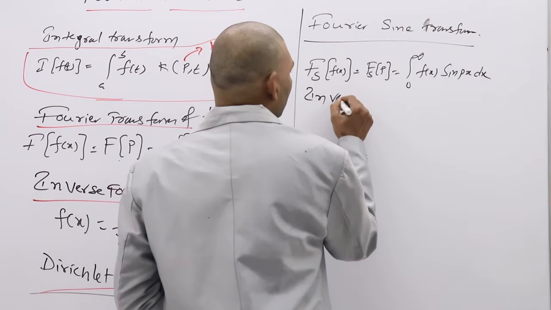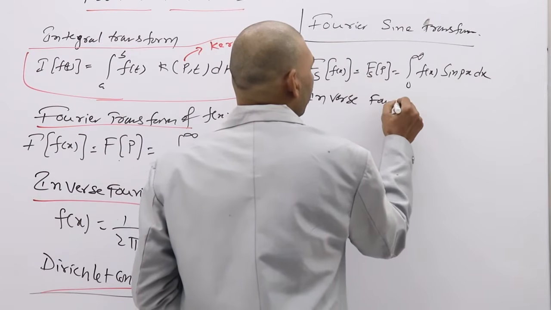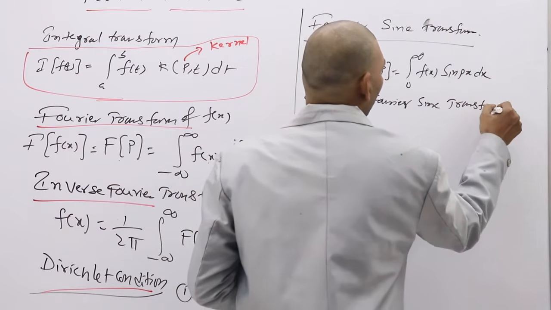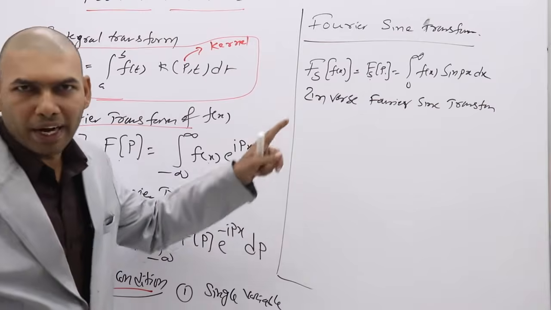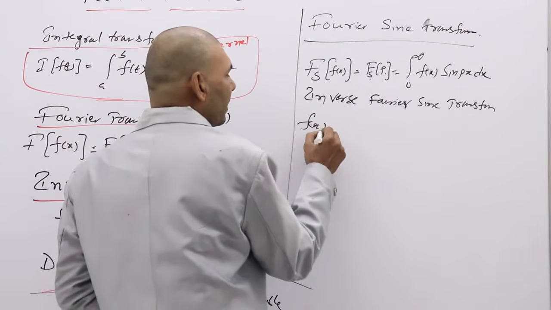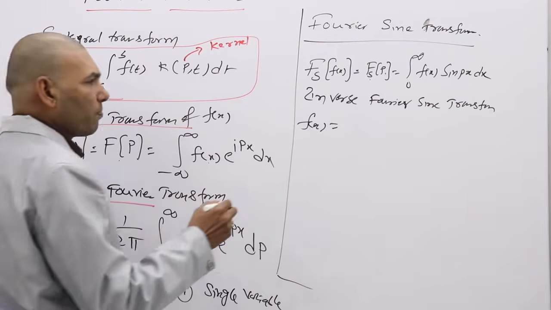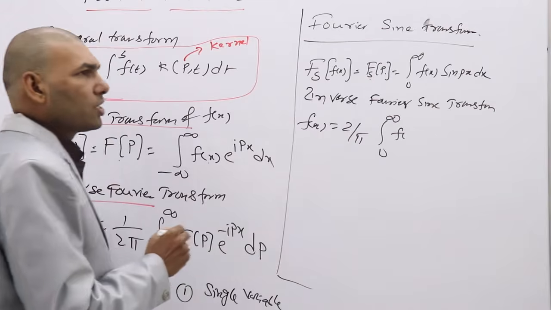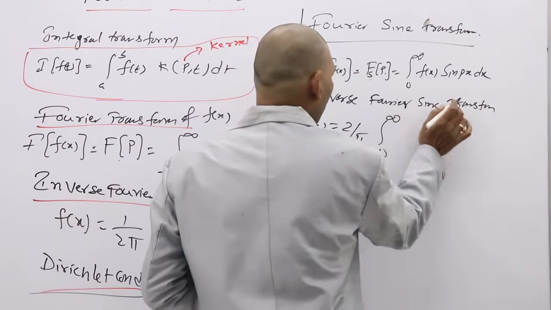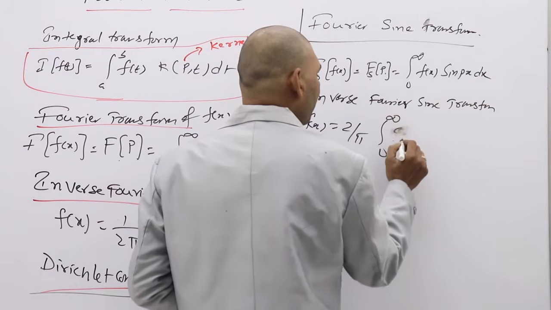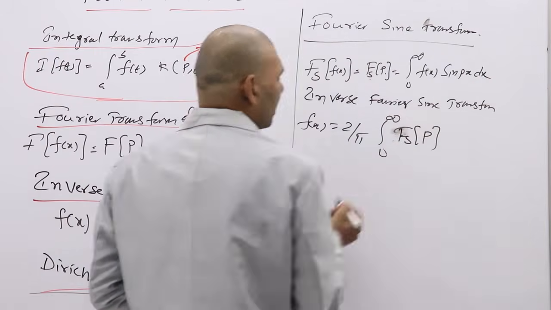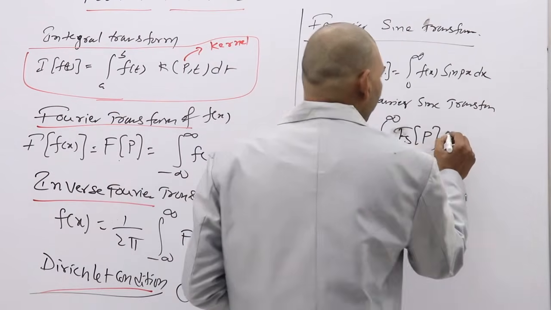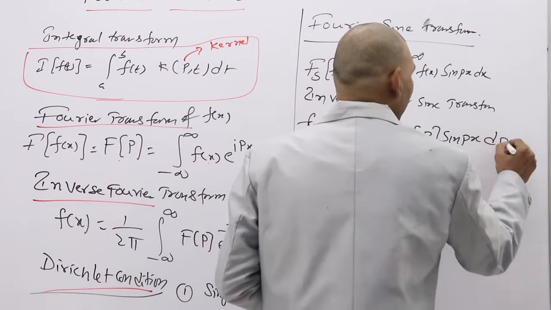Inverse Fourier sine transform. That means when Fs of p is given, to find f of x, f of x is equal to 2 by pi integral 0 to infinity of Fs of p, because the sine transform of the function is given, into sine px dp.